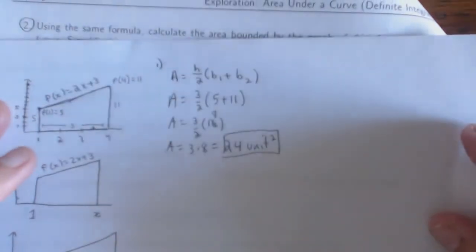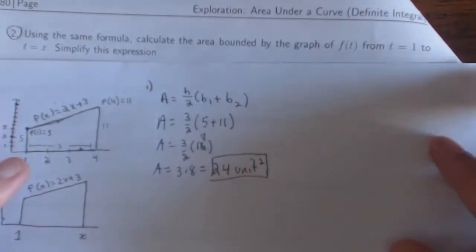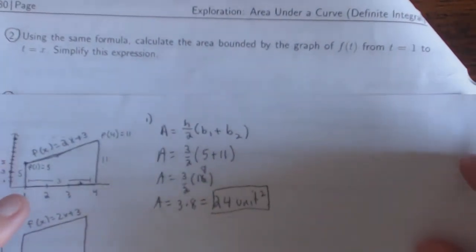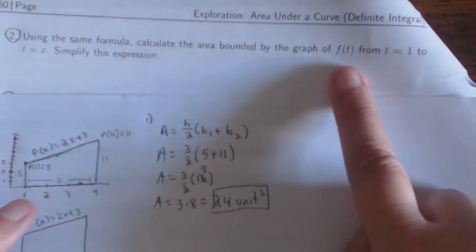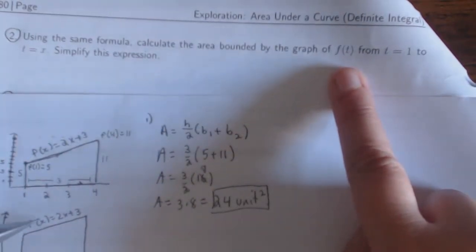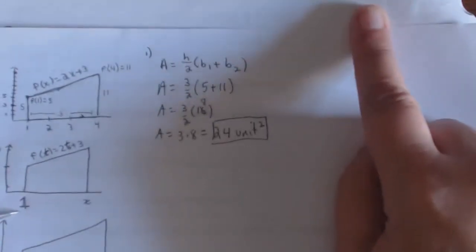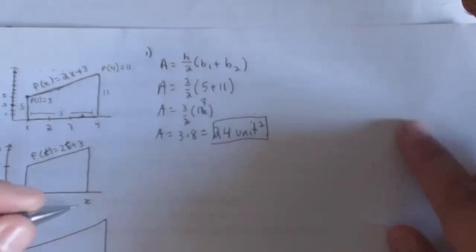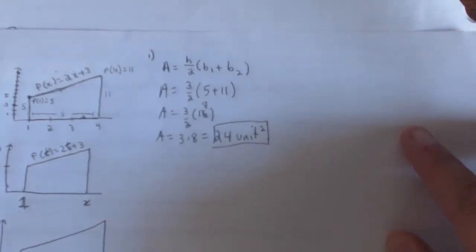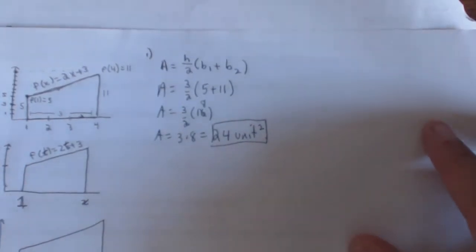Okay, so now, using the same formula, we're going to calculate the area bounded by the graph of f of t, from t equals 1, right here, to x, right here. So now we have an x.